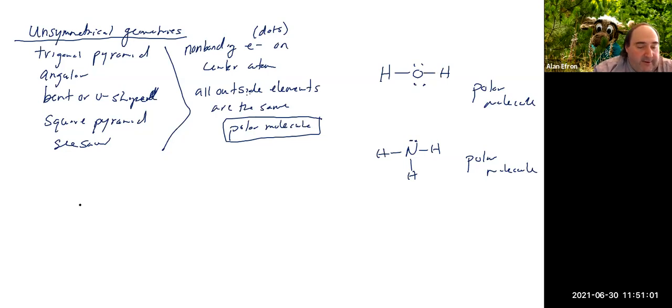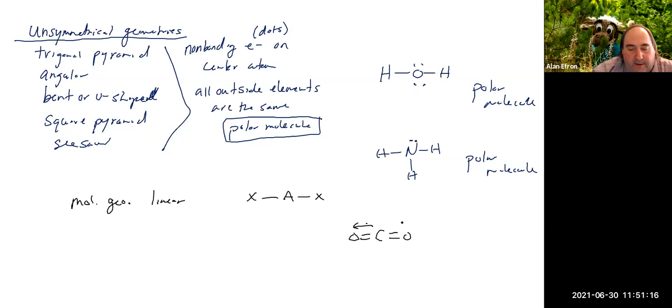And that is linear. If you have the molecular geometry of linear, it's basically a straight line, right? So like we saw with CO2, you can have polar bonds, but because they're linear and they're going equal and opposite of each other, they will cancel out.